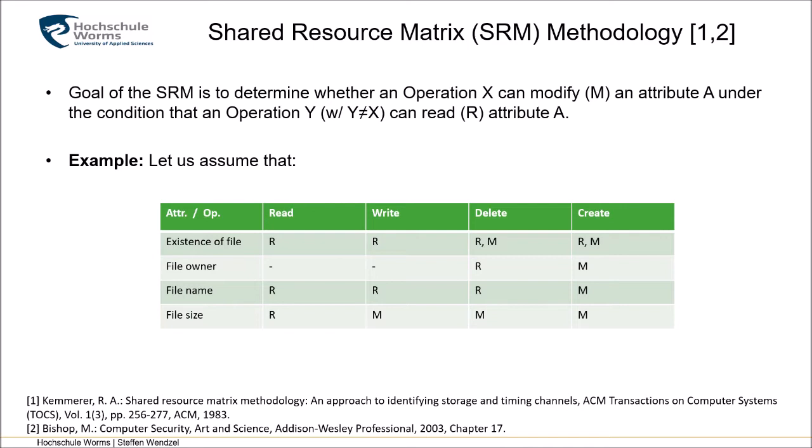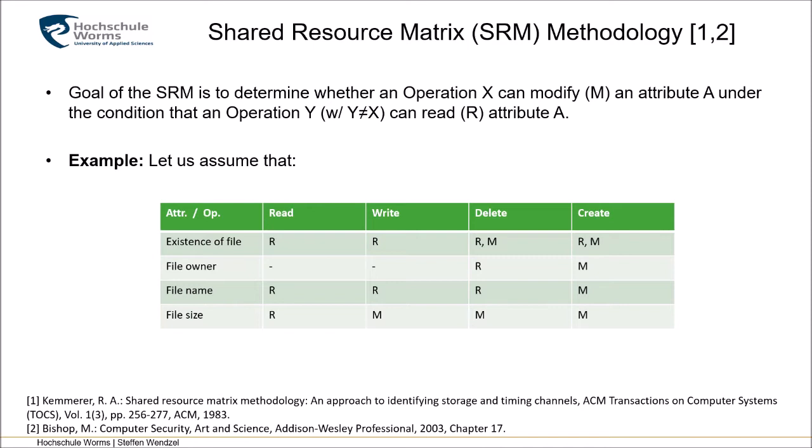So what we need is one operation used by the covert sender to modify an attribute, and the other operation used by the covert receiver to read the attribute. For instance, using create and delete, we could create a file, or simply we could not create a file to send a binary 0 or 1.